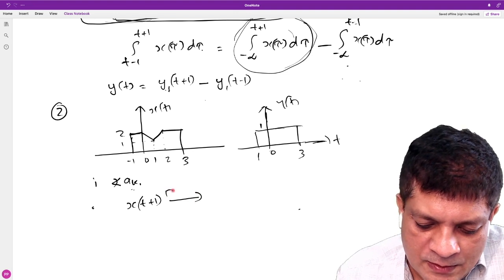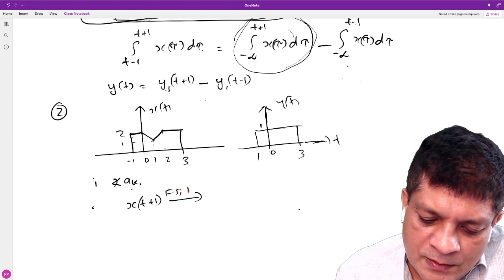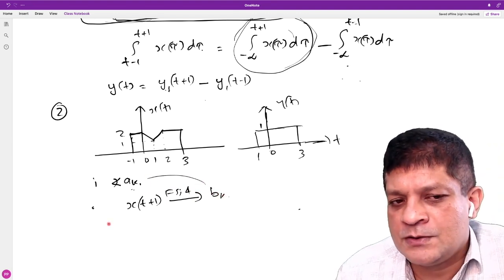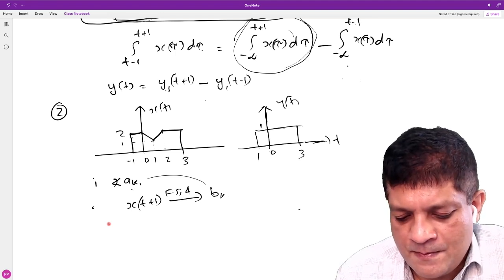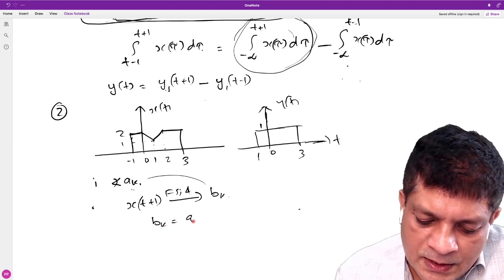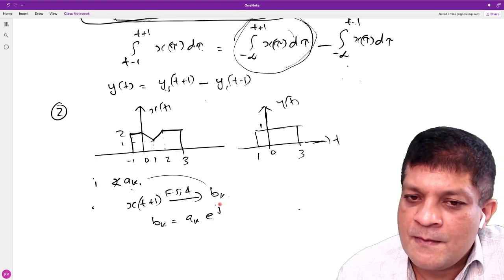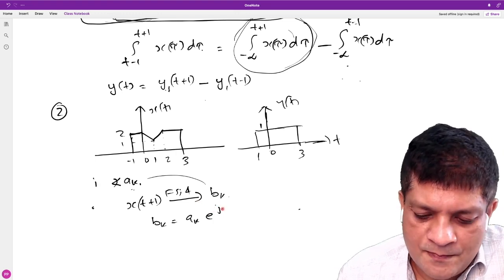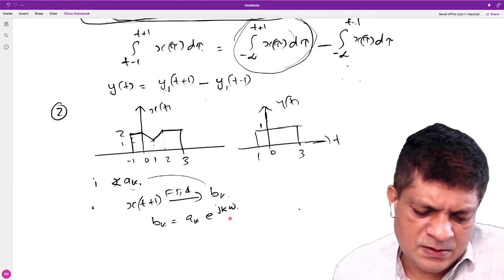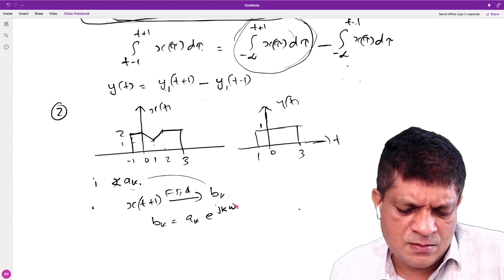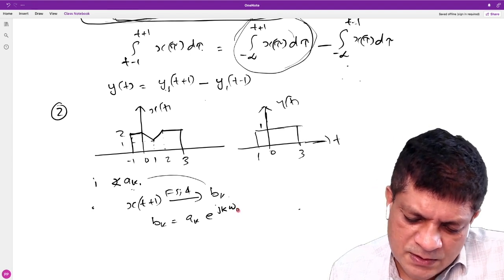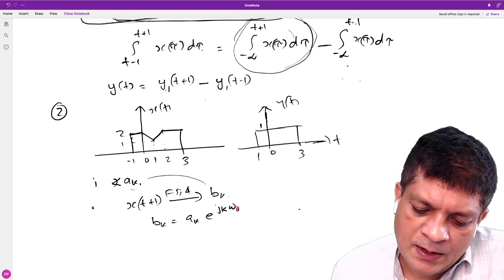Now consider the Fourier series coefficients of that with respect to period 4, let's say b_k. Can you tell me the relation between this b_k and a_k? b_k is a_k times e to the power j k omega naught.